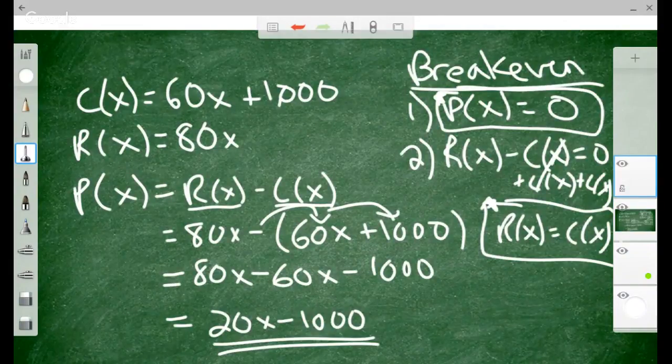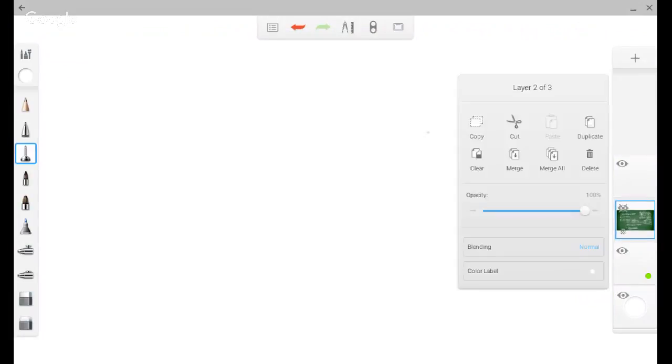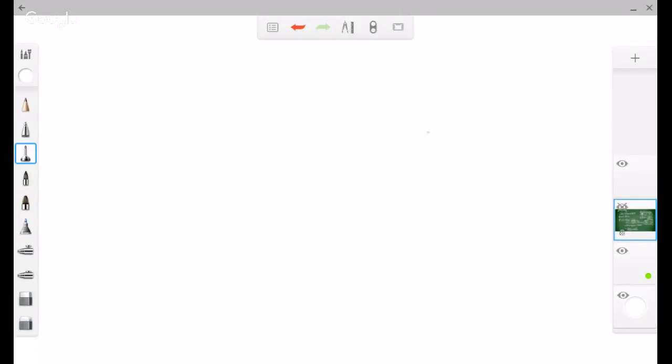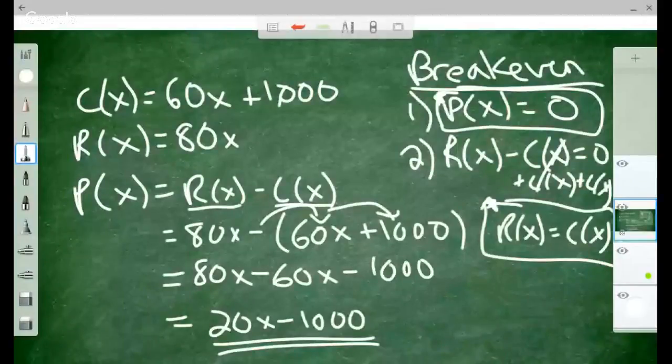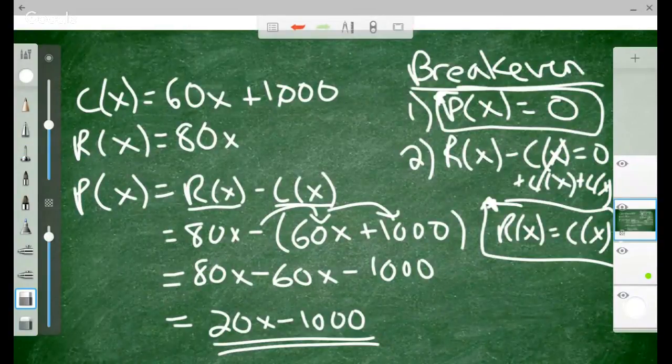All right. So I'm just gonna hide this for a second. Whoops. All right. Actually, let's just go up here and we'll go ahead and clear this. So we have 20x minus 1,000, right? So now what I'm going to do is let's take my eraser.